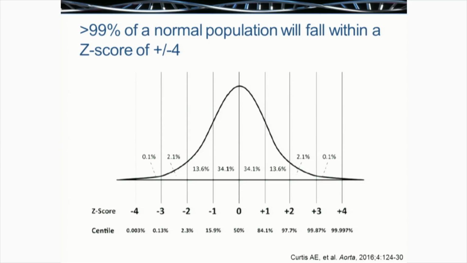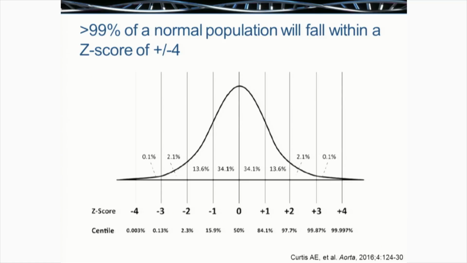But the point is that the Z-score is a representation of how closely your sample is to a population. That's enough information. So a Z-score of 0 means that you're in the 50th centile. And then from there, as you get to either negative Z-scores or positive Z-scores, you can see that that's a significant minority of the population.